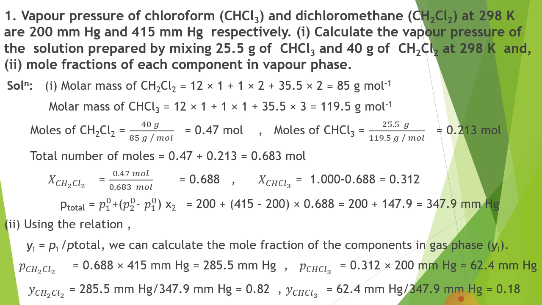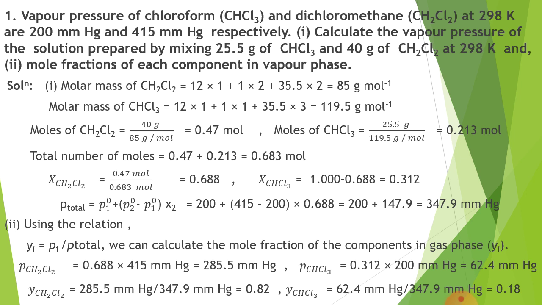Now some questions based on Raoult's law. One numerical here. The vapor pressures of chloroform, CHCl3, and dichloromethane, CH2Cl2, at 298 Kelvin are 200 mm Hg and 415 mm Hg respectively.